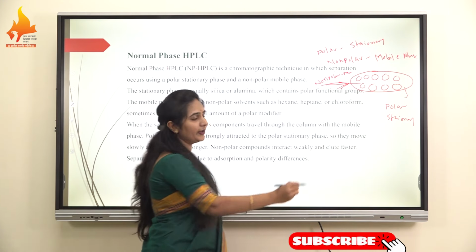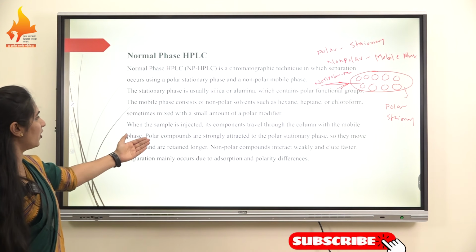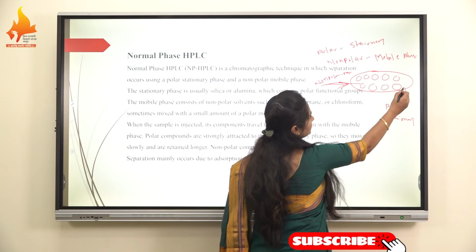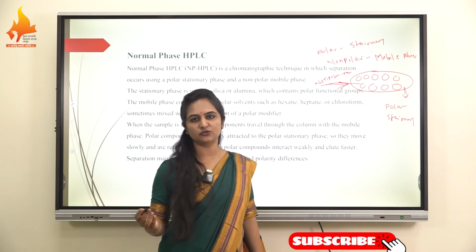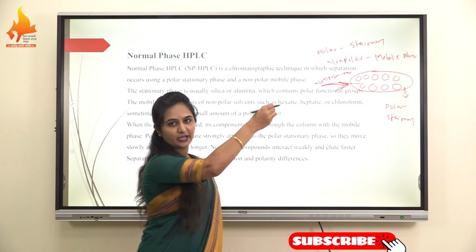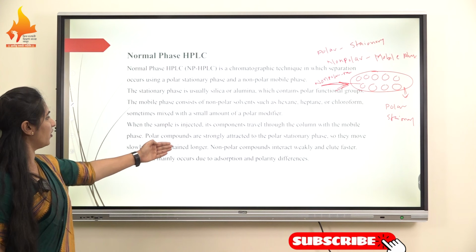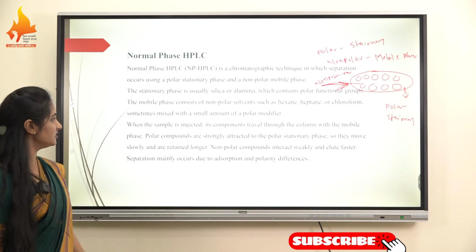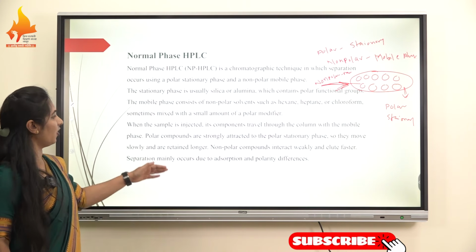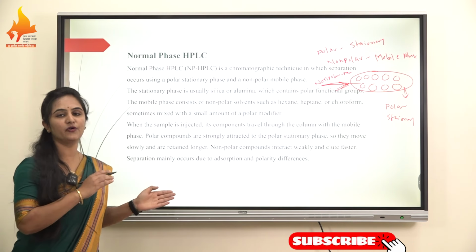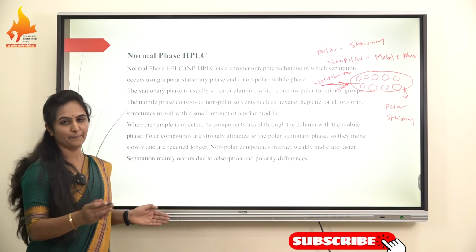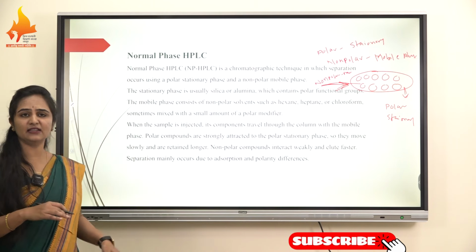The polar compounds are strongly attracted to the polar stationary phase, so they move slowly and are retained longer. The polar groups in the stationary phase attract the polar compounds in the sample, and they move slowly and are retained for a longer time.